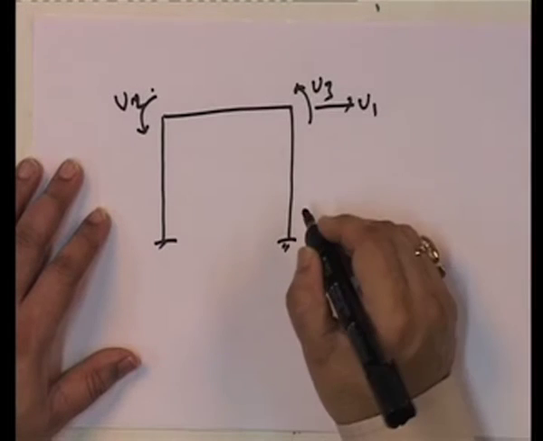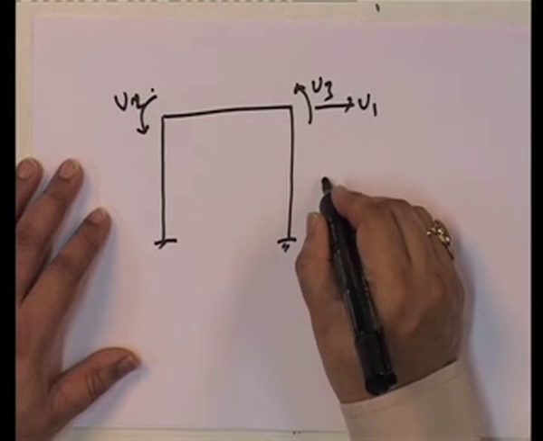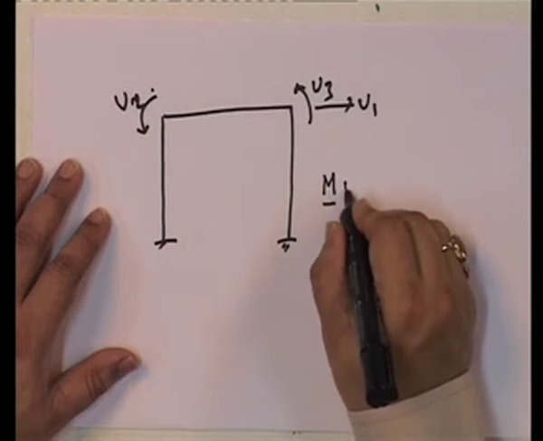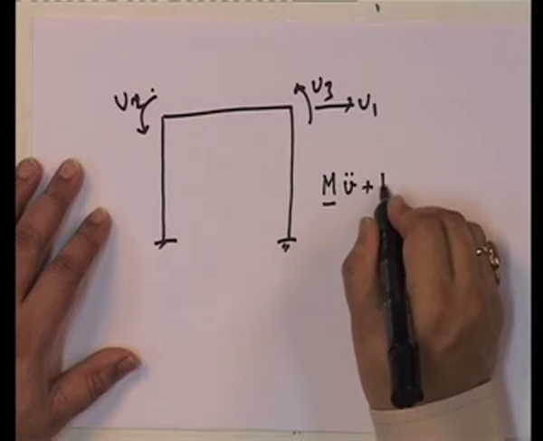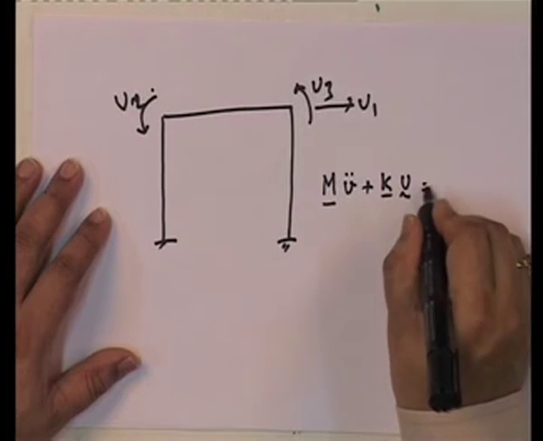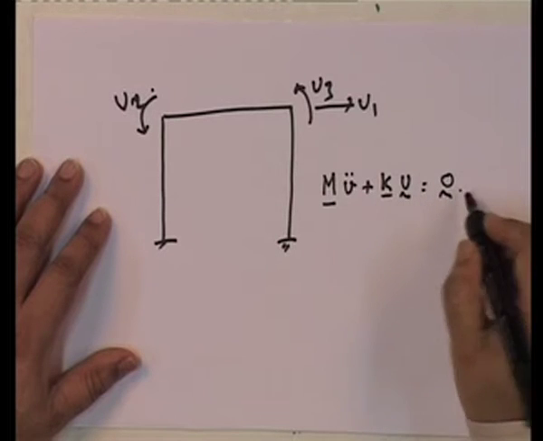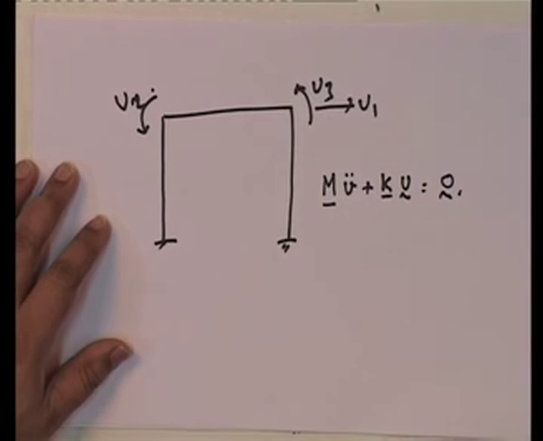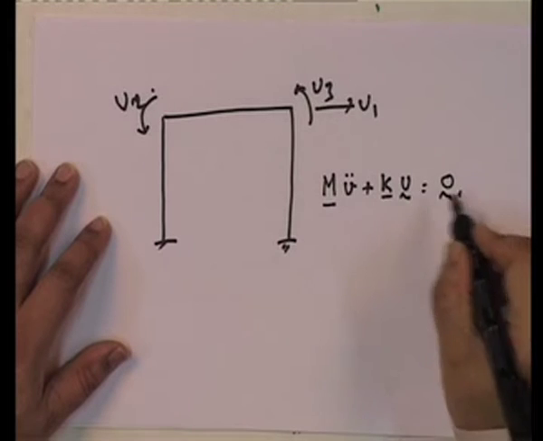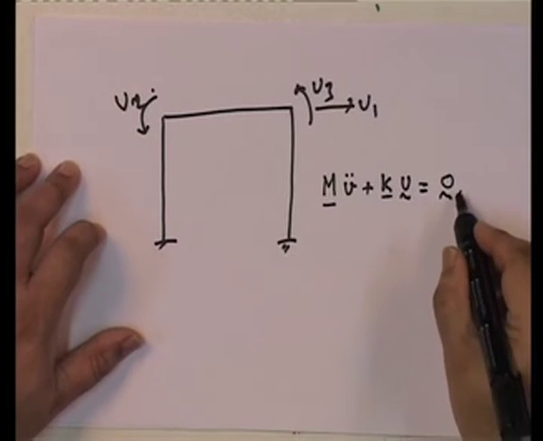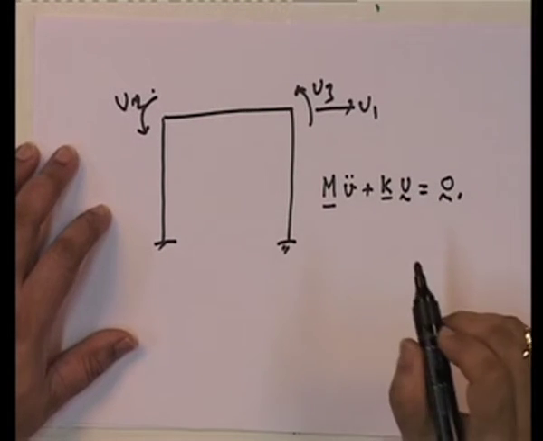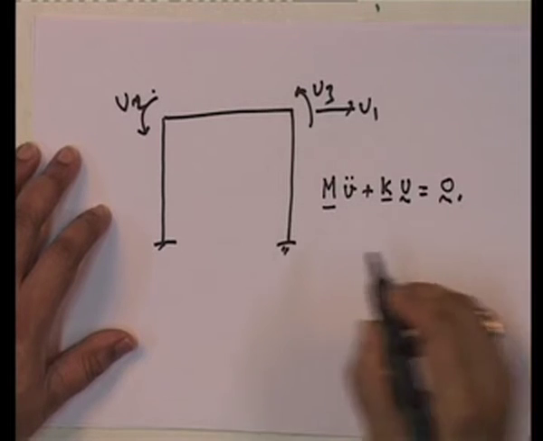Under the consistent mass formulation, what do we have? We have m bar V double dot plus k V equals 0, because I am not looking at loading at all in this particular situation.